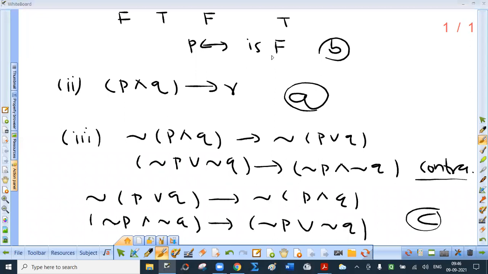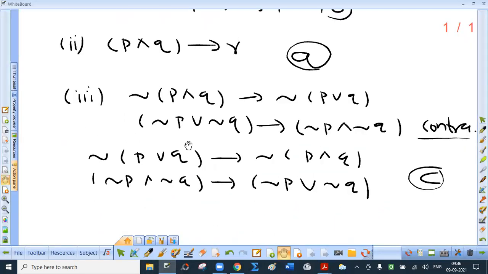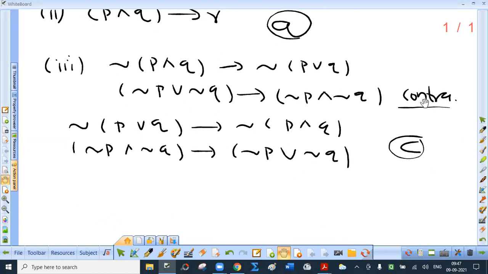So for the third sum, correct option is C, Calcutta. Don't write this. This is contrapositive.